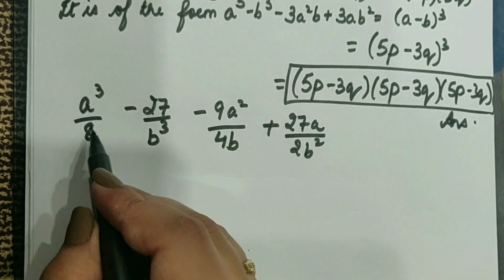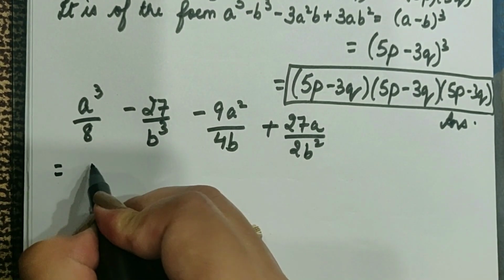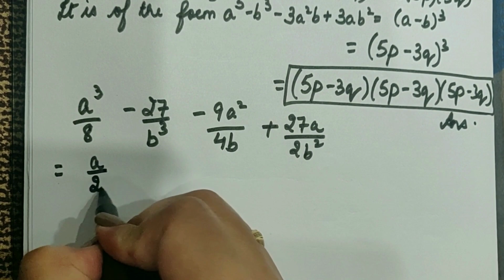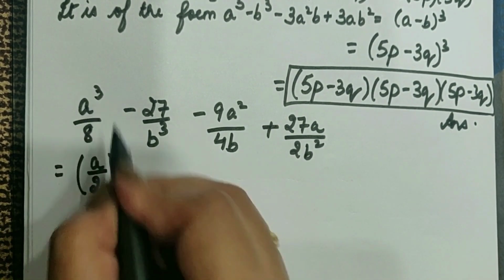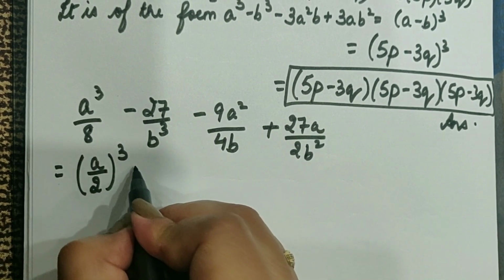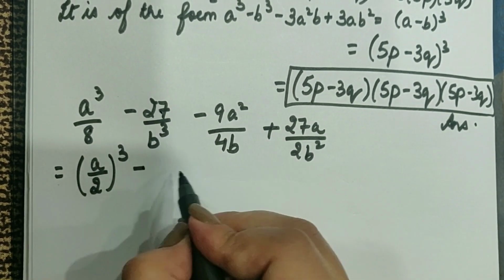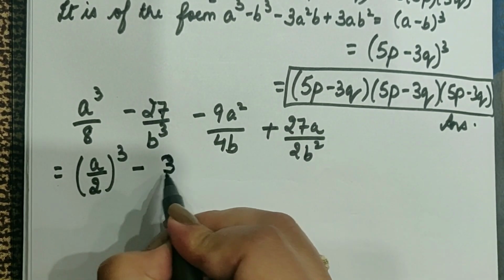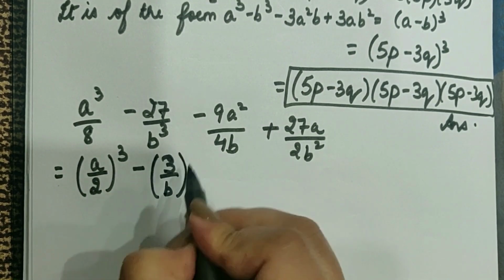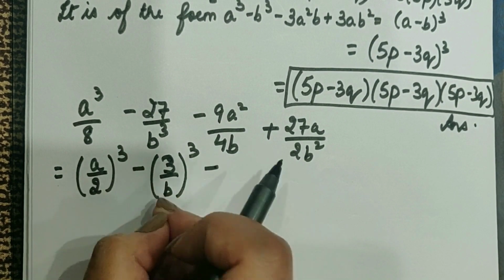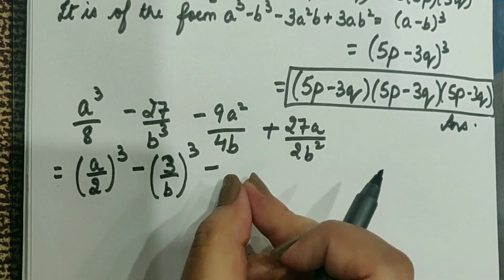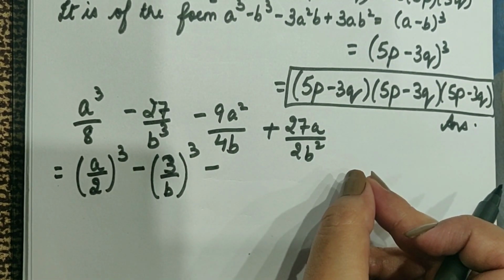Now see, this a^3/8 can be written as (a/2)^3, because a^3 is a^3 and 2^3 is 8, and 27/b^3 can be written as (3/b)^3. Now we know it is turning out to be the form of a^3 − b^3 − 3a^2b + 3ab^2.